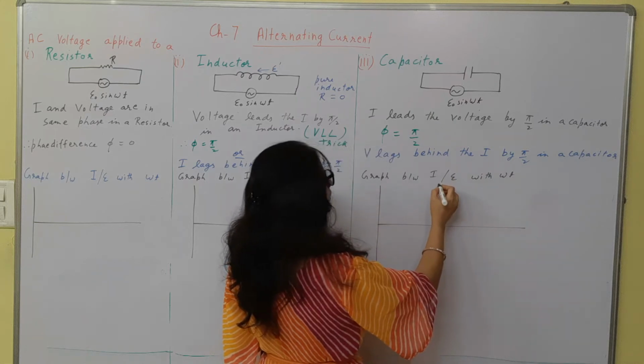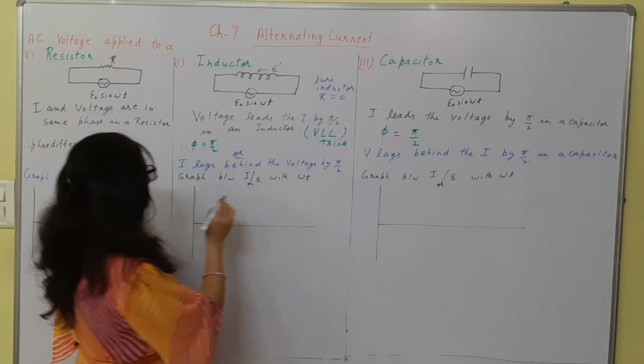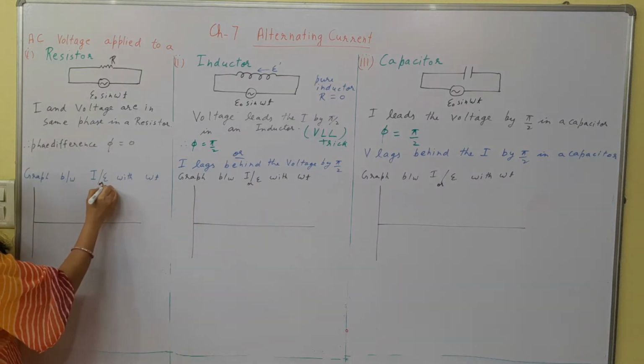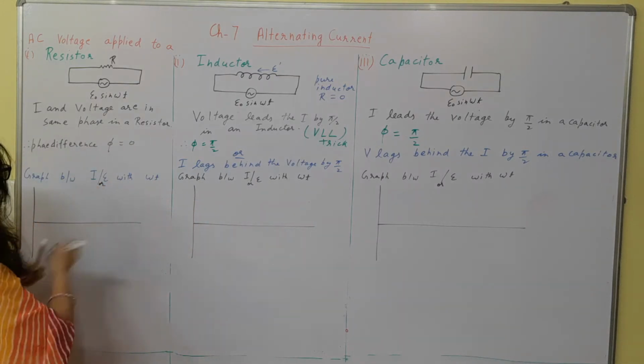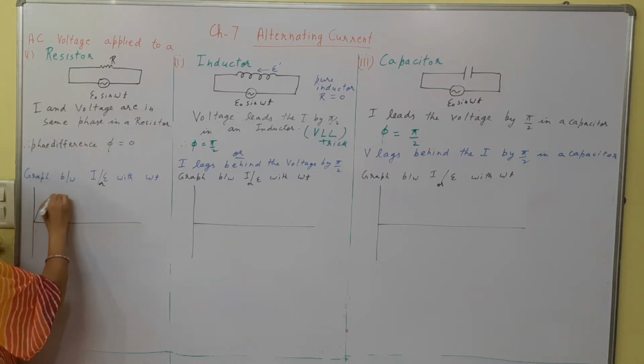We know that current and voltage are in same phase in resistor.